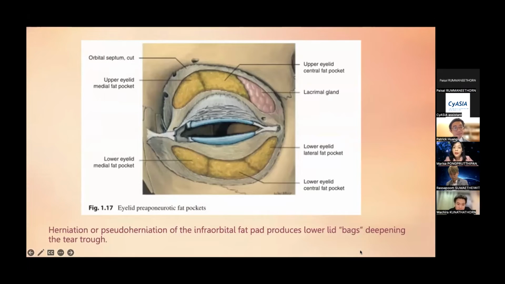So mainly you have to divide it into problems: if the patient has true herniation of the infraorbital fat pad, you recommend surgery. But if the patient has maybe just mild herniation combined with weakness of the orbital eyelids, we recommend some supportive treatment, maybe fillers, maybe minimally invasive lasers and energy-based devices, like I discuss in this talk.